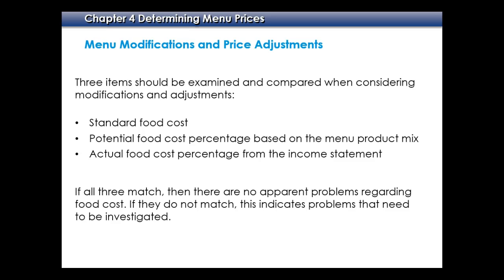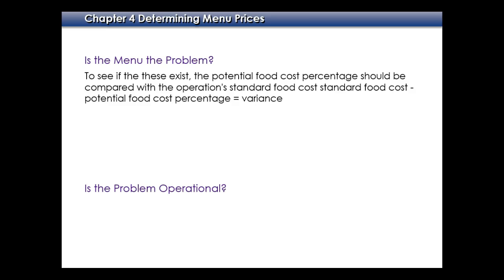If all 3 of those match, there seems to be no problem. If they do not match, this indicates problems that need to be investigated. So, is the menu the problem? Or is the problem operational?